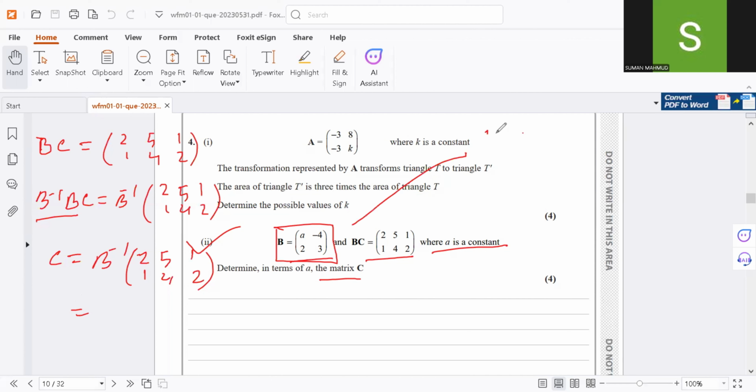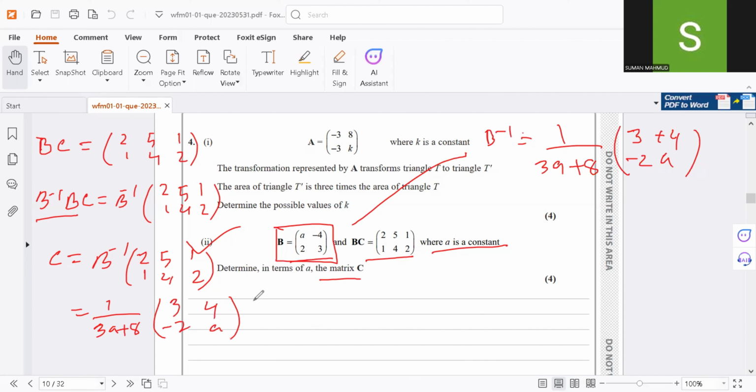So B inverse equals 1/(3a plus 8), with the diagonal entries swapped and the off-diagonal signs changed, so it will be 4 and minus 2. Substitute here: 1/(3a plus 8) times the matrix, multiplied by (2 1; 5 4; 1 2).